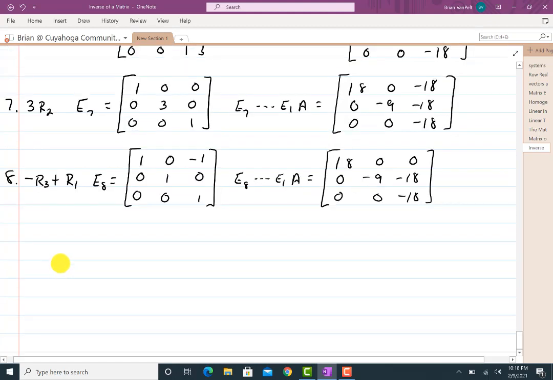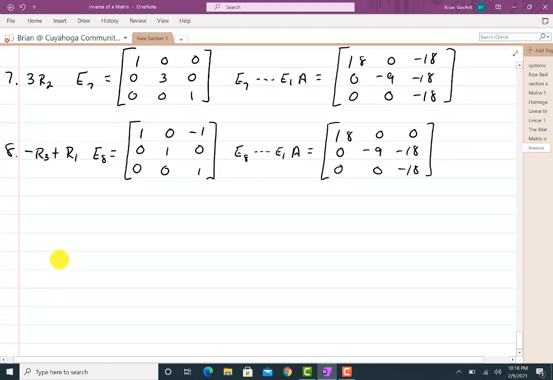And I'll use exactly the same operation again to get rid of the other negative 18 in the second row. So we have negative R3 plus R2.